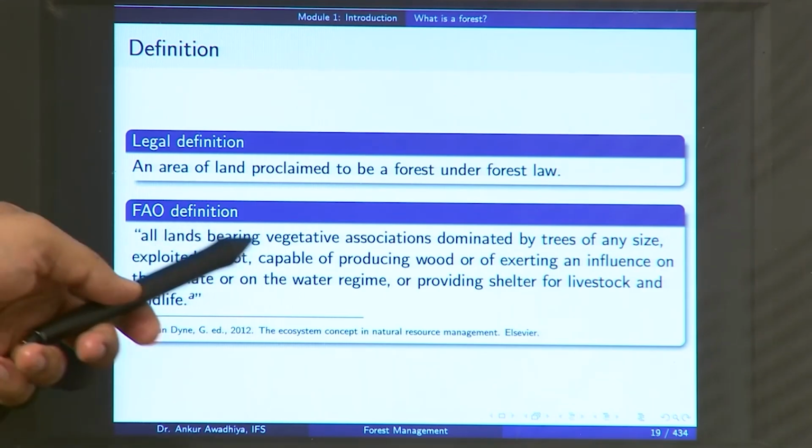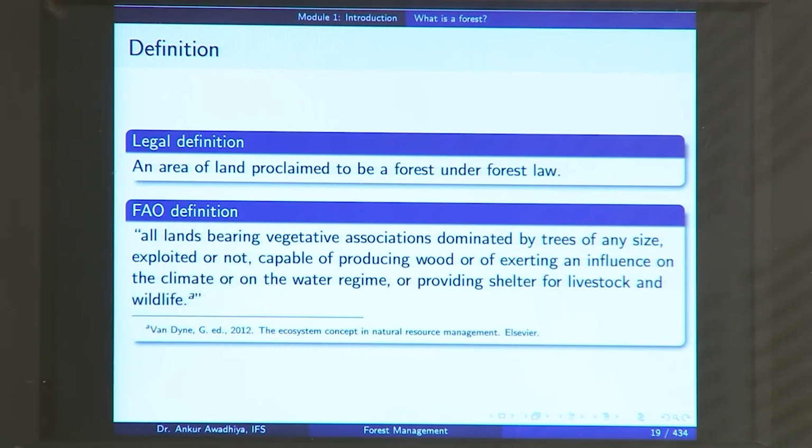When we say exploited or not, what we are emphasizing is that even if this area of vegetative communities dominated by trees is being used for the production of timber, or for wildlife purposes, or for ecotourism or other recreational purposes, whether it is being used or not, we are not concerned about that.